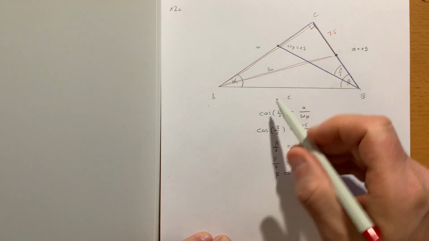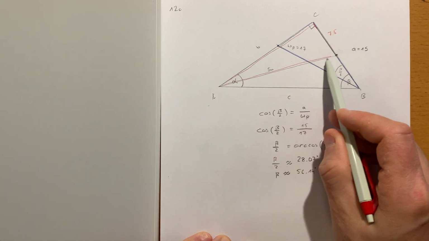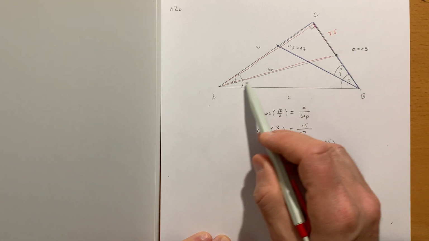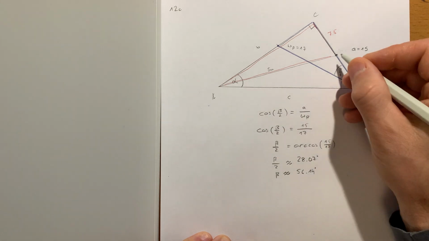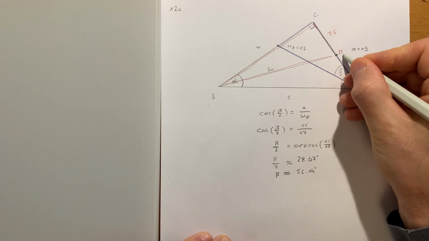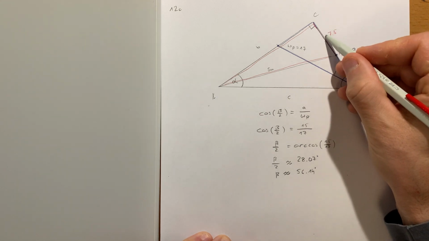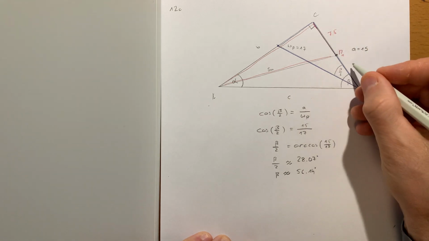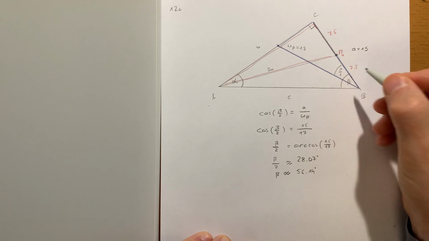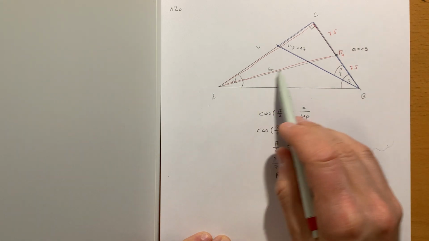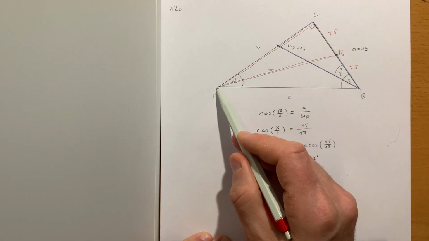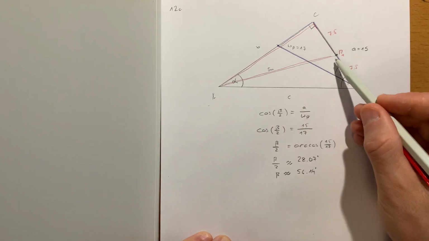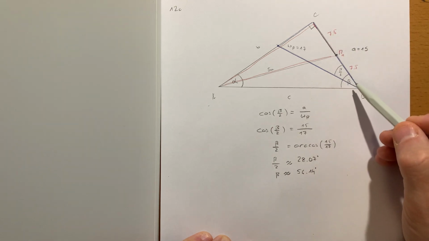Because this is the median, in German Seitenhalbierende or Schwerlinie. So that means this is the midpoint of the side A. This is 7.5 and this is 7.5 because the median goes through the vertex A and the midpoint of the opposite side.